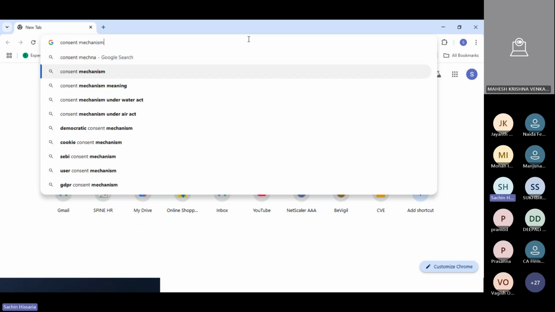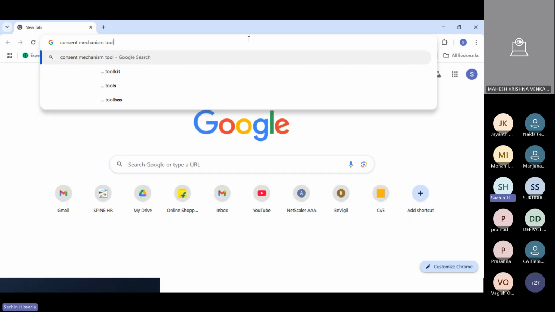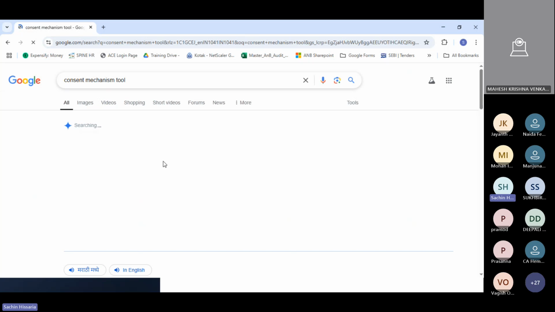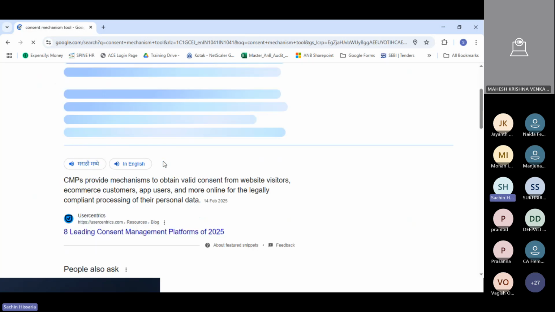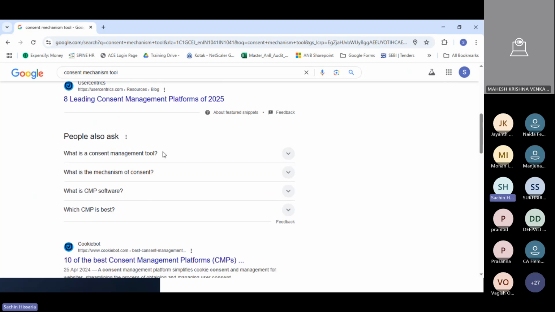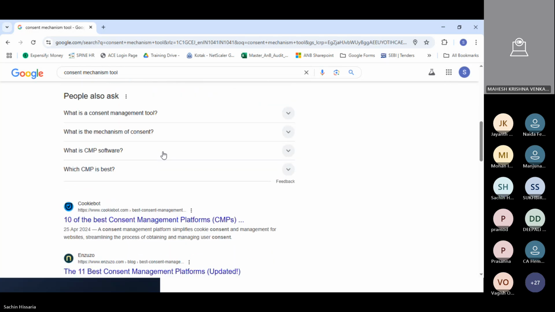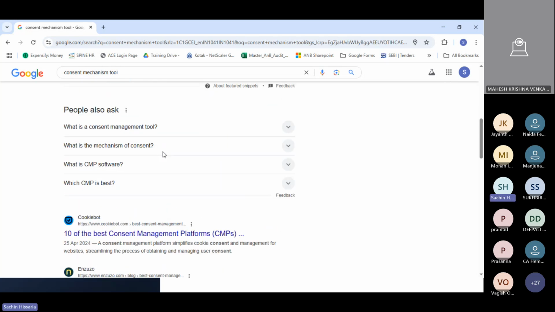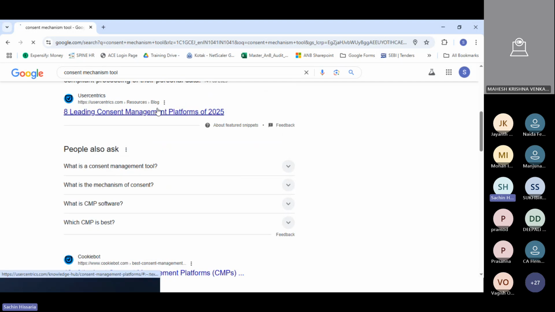I am not recollecting the name of that tool. But I have seen at a couple of clients that they are using such tools. For example, I'm not able to recollect the tool's name, but there are tools in the market.